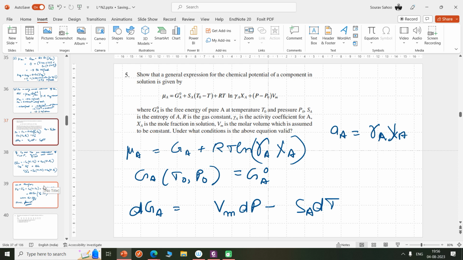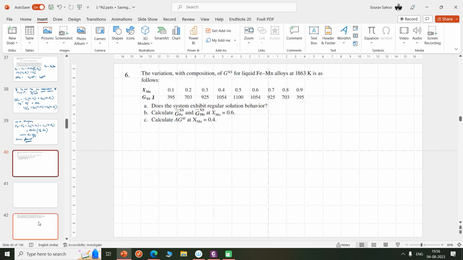Okay, now moving on to question 6. It has been asked to find the variation with composition of the excess free energy. The excess free energy of liquid iron-manganese alloys at 1863 Kelvin is given in this table here.